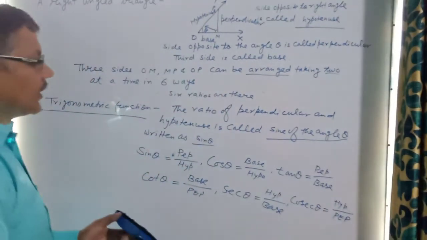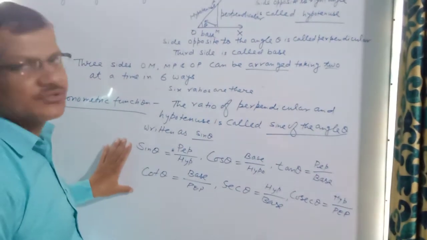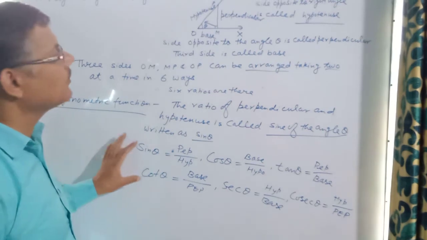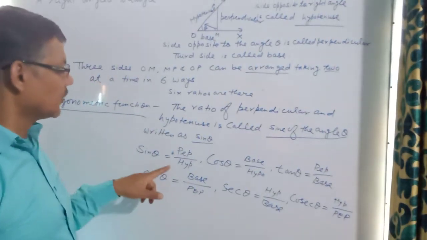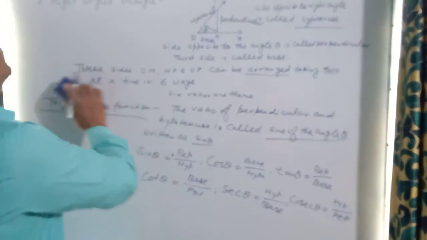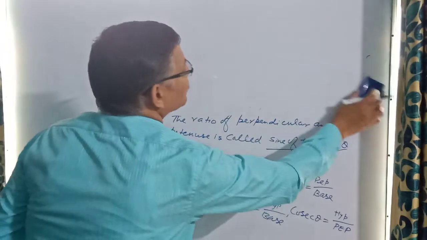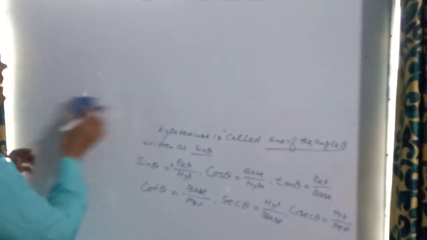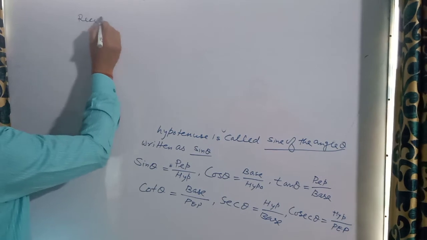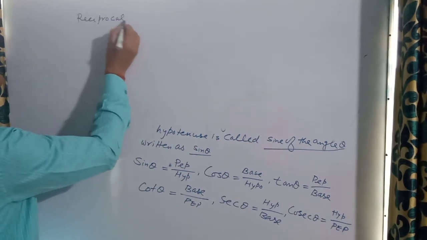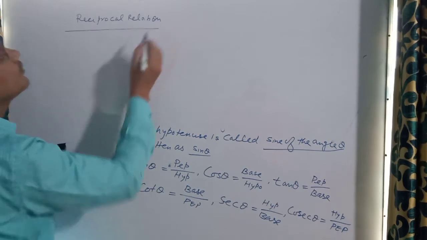So you already know the 6 ratios, but this is a revision. This is the position of the 6 ratios, why only 6 ratios are there, and the rule to get the ratios. Now some more relations are there between the 6 ratios, which are also known to you. That is the reciprocal relation.